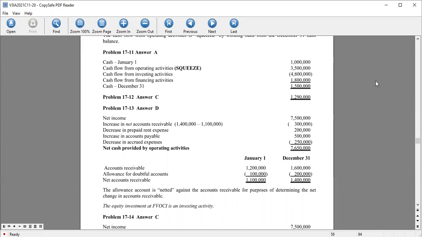to be added. So we have now the additions of depreciation 1.9 million and increase in accounts payable of 1,220,000.